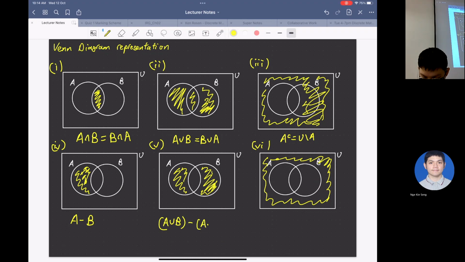Okay, this one works. So any other answer? You also can take A slash B union B slash A. Right. Okay. How about 6?